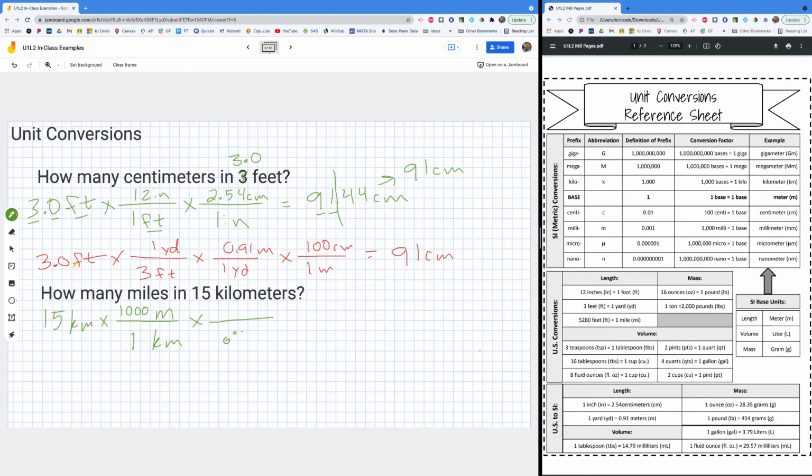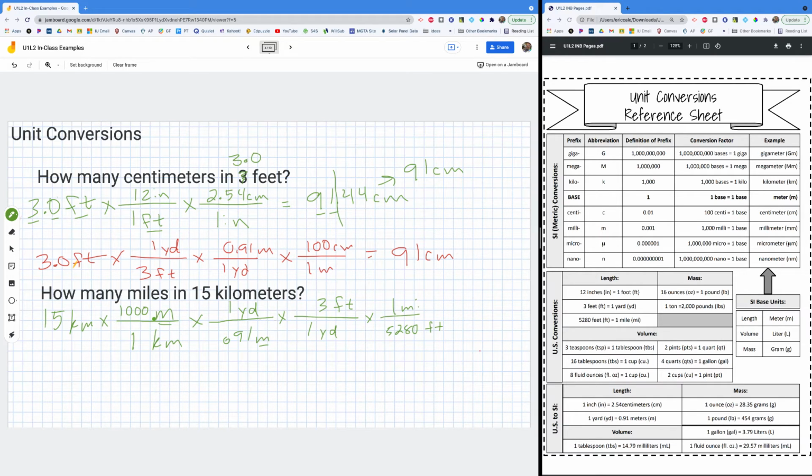So 0.91 meters is 1 yard. I put meters down here, so it cancels out with the 1 up there. I know that for every 1 yard, there's 3 feet. And I know that there's 5,280 feet for every 1 mile. So I will take all of the tops divided by each of the bottoms.